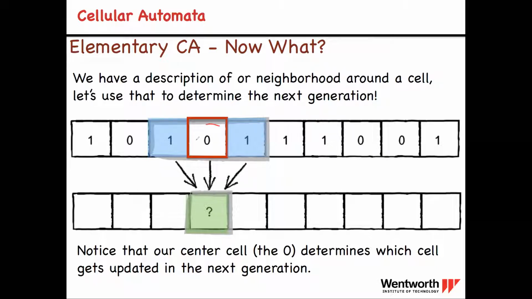Whatever cell we pick, we look at those 3 cells, the 2 neighbors and itself, and we update the same center cell in the next generation. That's how the update takes place. And in the 2D version, it's the same way. It's just 2D instead of 1D. That's the idea here for updating these.